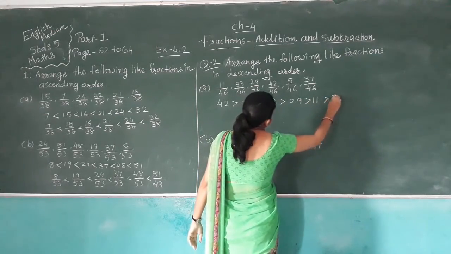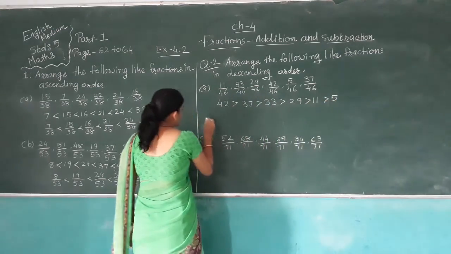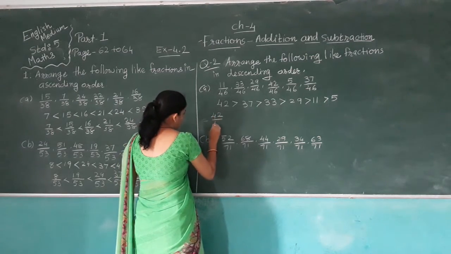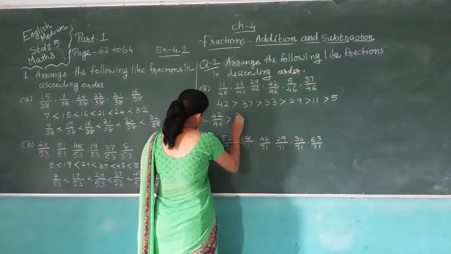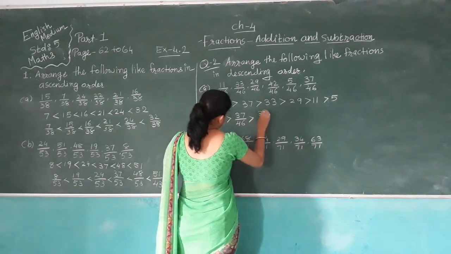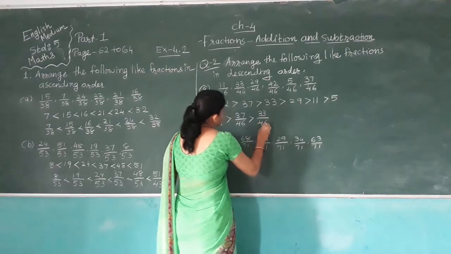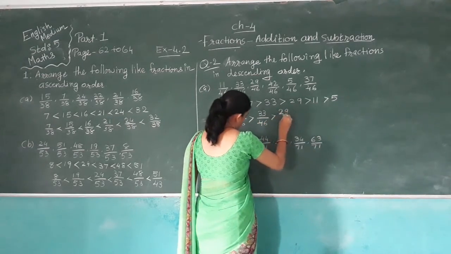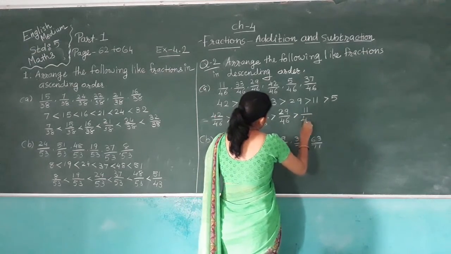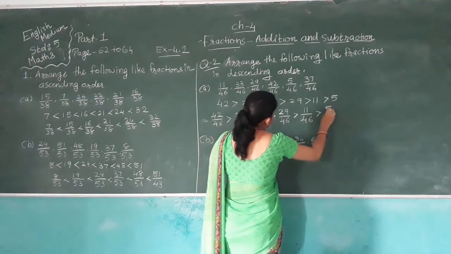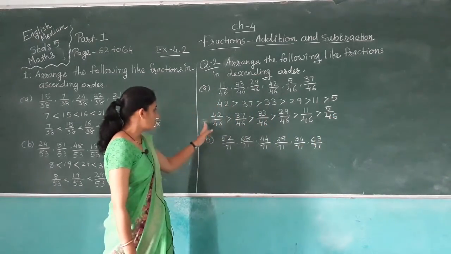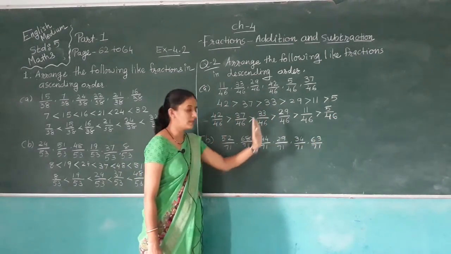Then last one is 5. Write with the denominator. So 42 out of 46 greater than 37 out of 46 greater than 33 out of 46 greater than 29 out of 46 greater than 11 out of 46 greater than 5 out of 46. We arrange both from biggest to smallest.